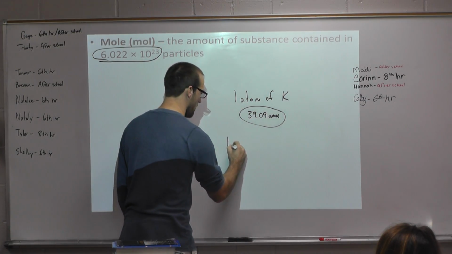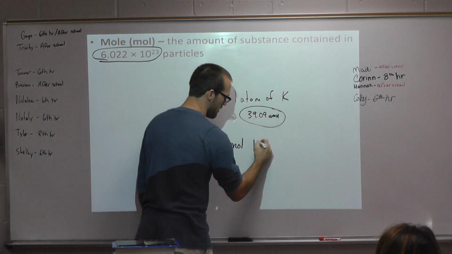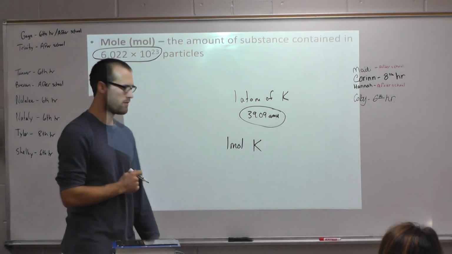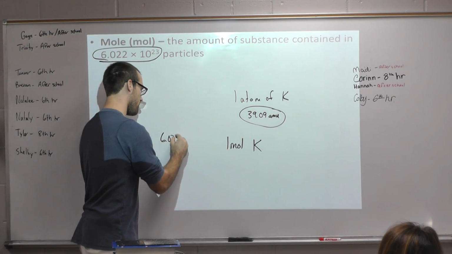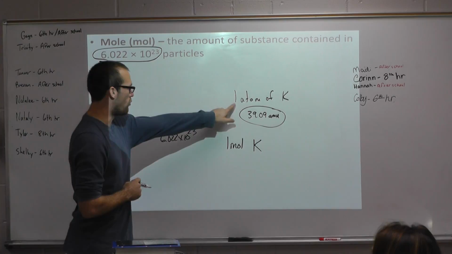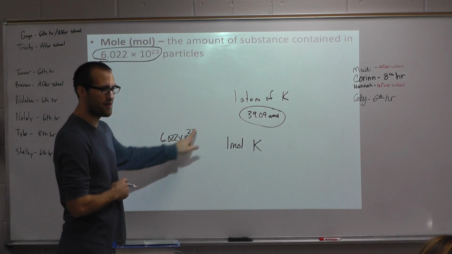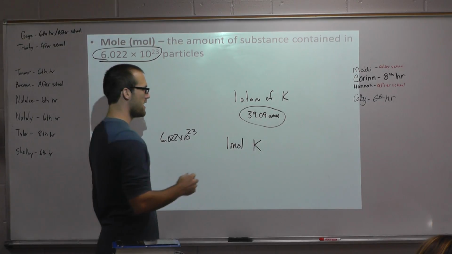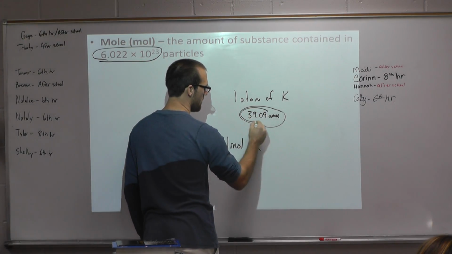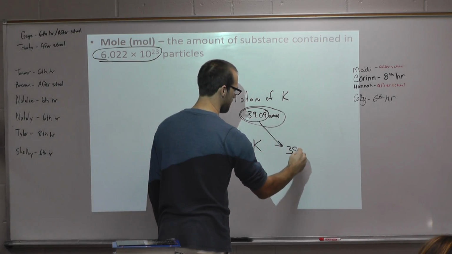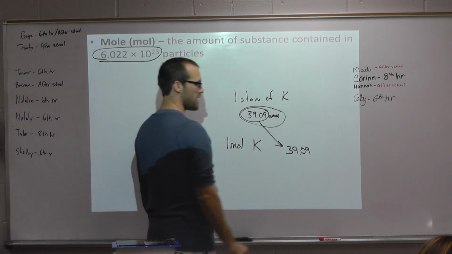Okay, well, if I have 1 mole of potassium, which remember, how much is a mole? 6.022 times 10 to the 23rd. Okay, but what's interesting is this number stays the same, but it's a different unit.